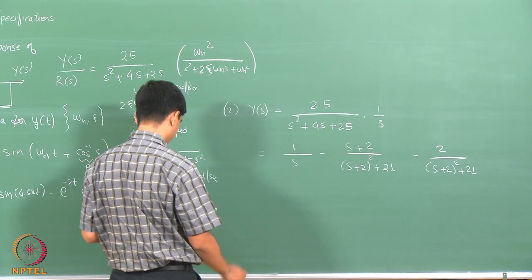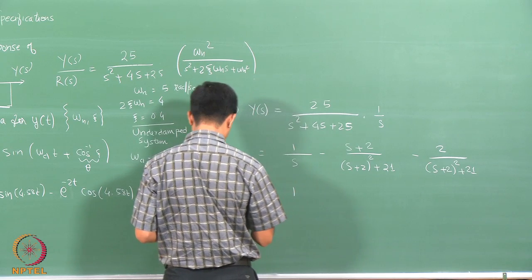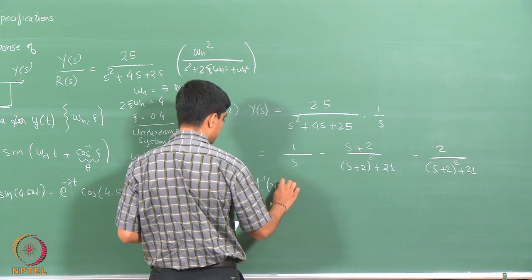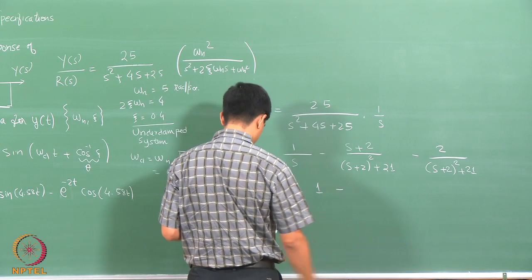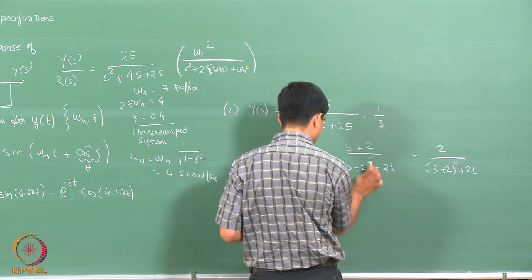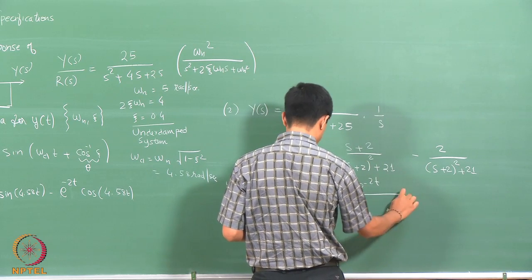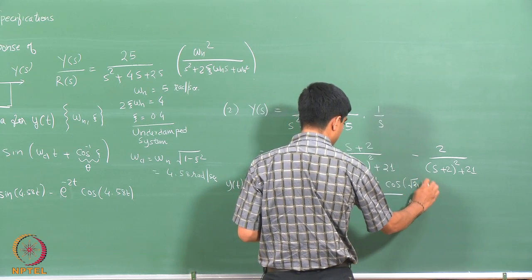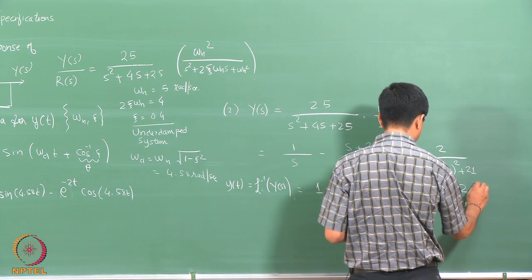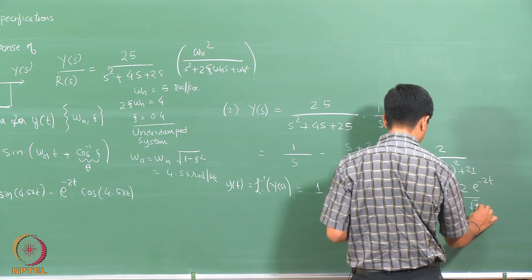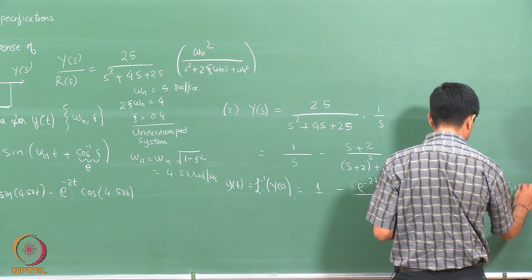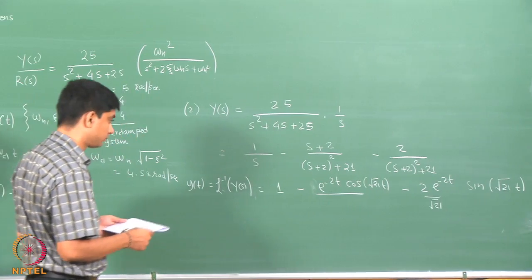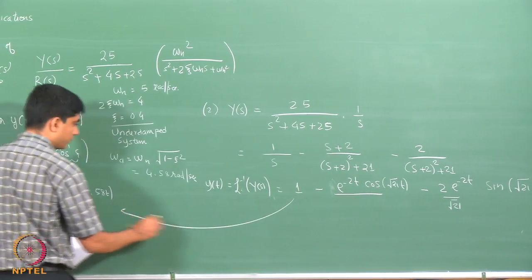And so the inverse Laplace transform, y of t, would be the inverse Laplace of Y(s), and this would be 1, this would be e power minus 2t over, cos, and this is equal to this.